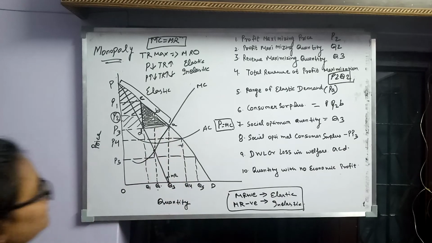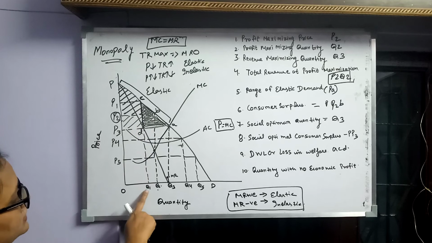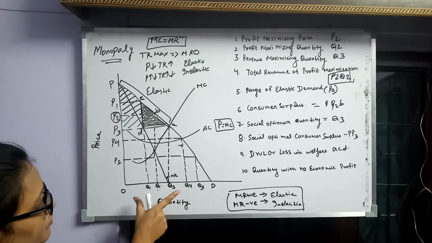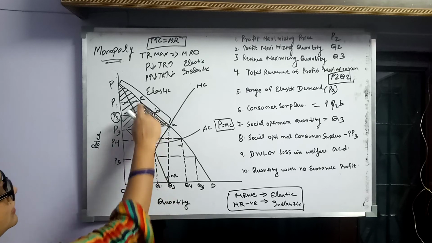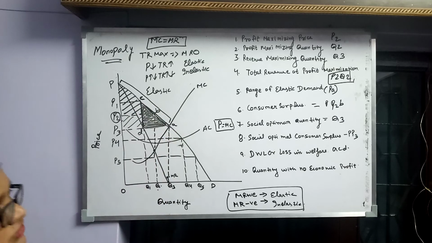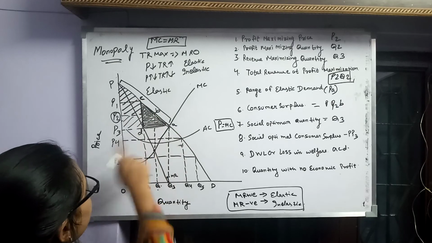This is our net worth loss. When the monopoly is producing at Q2, then it is inefficient, and if it produced at Q3 then we would have more quantity. So this is our loss in welfare, the net worth loss area, which is equal to A, C and D.